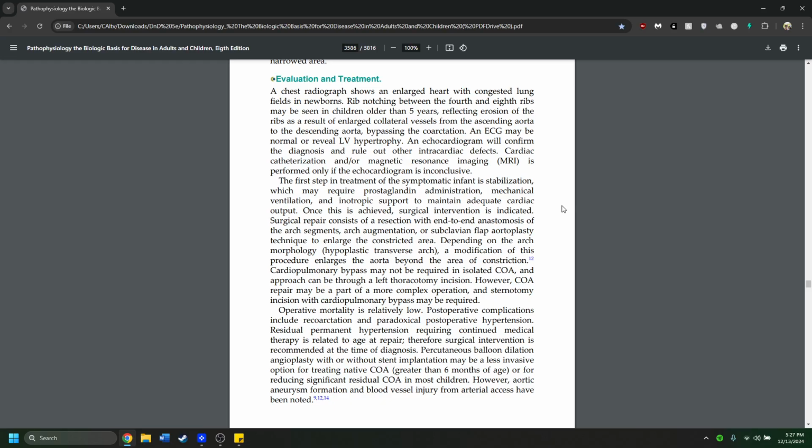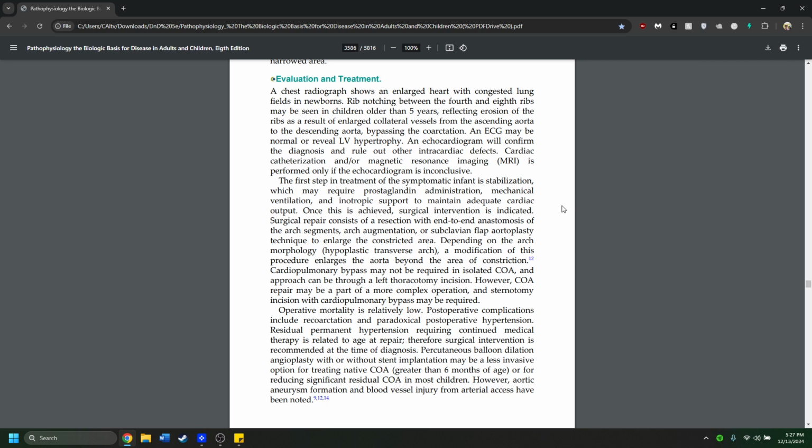An EKG may be normal or reveal left ventricular hypertrophy. An echocardiogram will confirm the diagnosis and rule out other intracardiac defects. Cardiac catheterization and/or MRI is performed only if the echocardiogram is inconclusive.